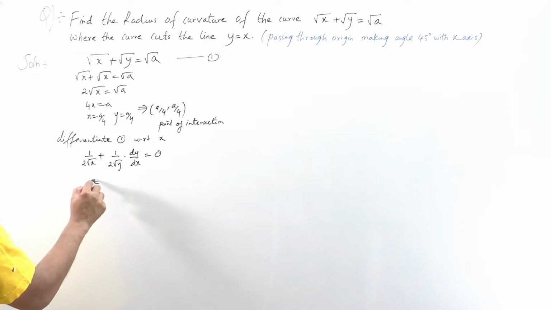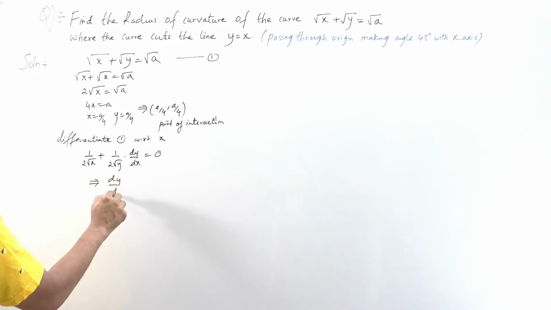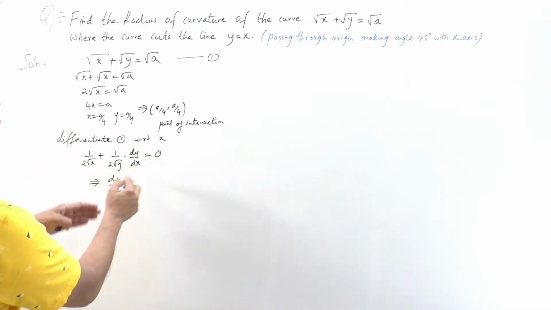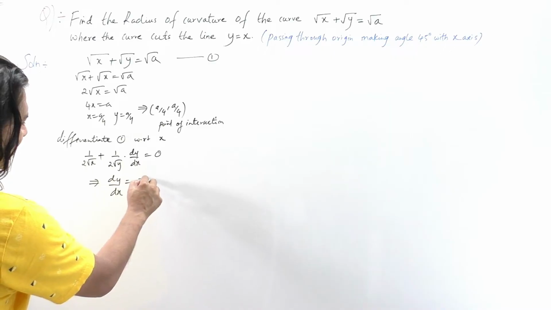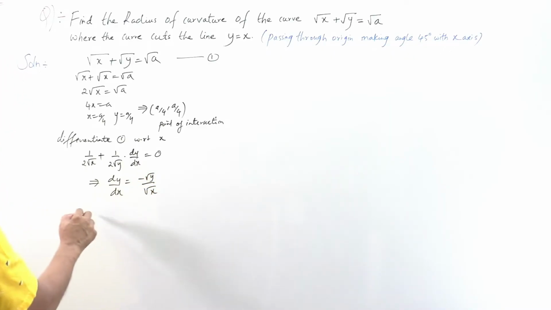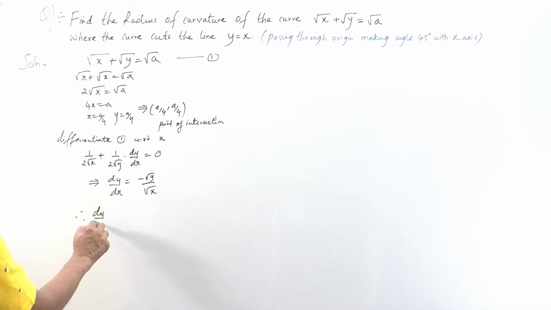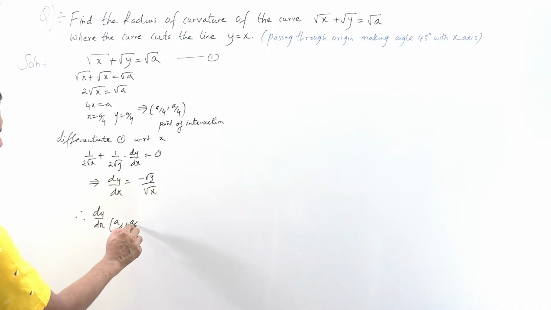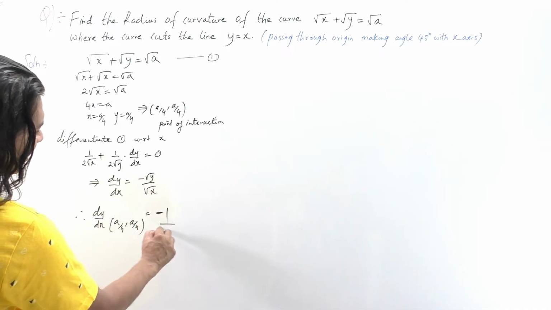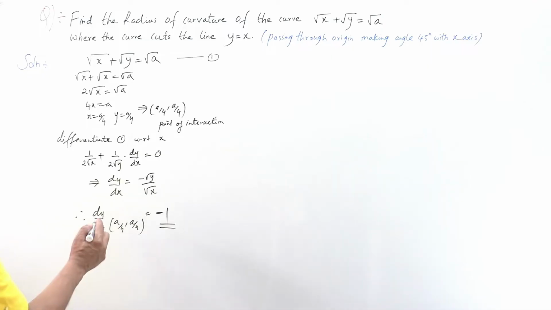So from here we can find dy by dx is equal to, taking this side, 1 by 2 cancels, and root y will go up to become minus root y by root of x. Fine. Therefore, dy by dx at the point a by 4 comma a by 4, if you put here, we get minus 1. So, we get dy by dx as minus 1.